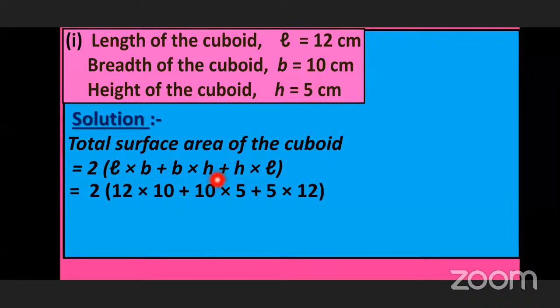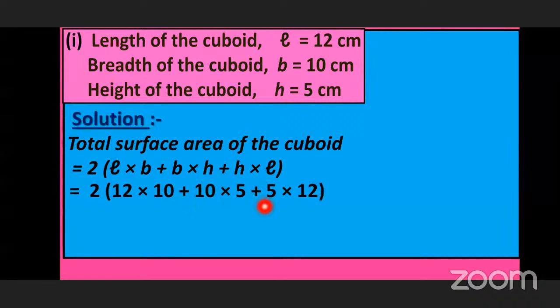So in the place of H, we will be writing 5 plus H is 5 centimeter times the length, 12 centimeter. So now we have substituted the values of length, breadth, and height in the formula. I hope this much you have understood. First we are writing the formula and then we are substituting the values in the formula.